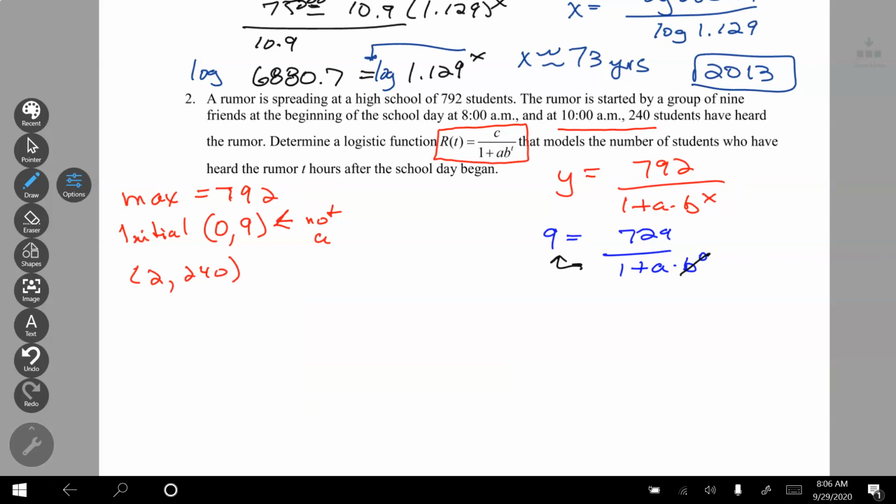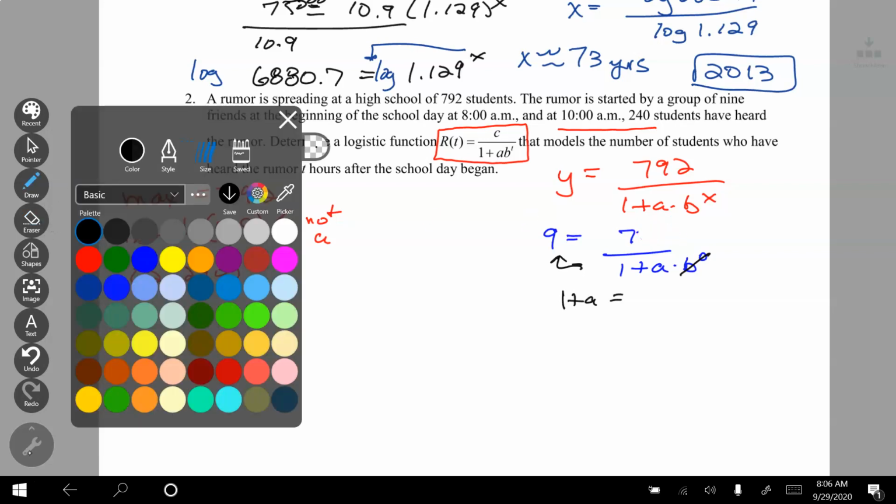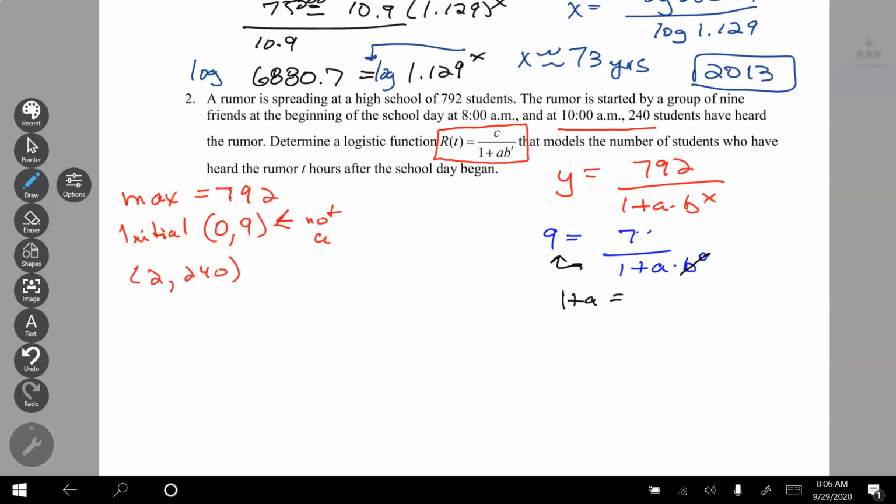These two can change spots, so 1 plus a equals 792 over 9. I do that division, and that is what it gets: 88.